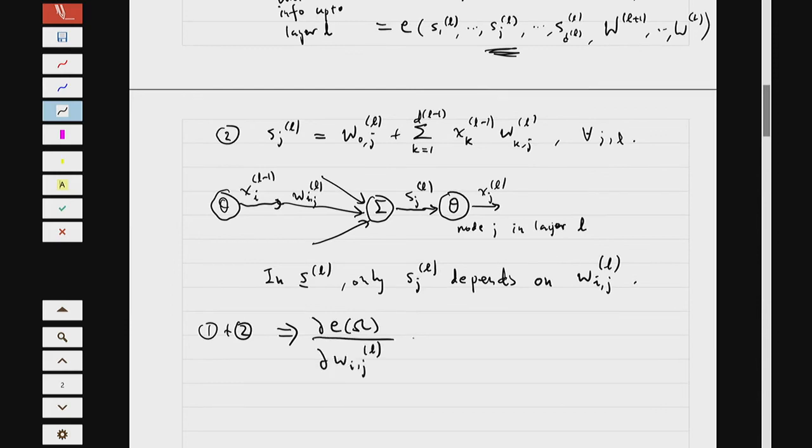with respect to Wij of L, again by the chain rule, as partial. So this is the easy one. Later, we're going to look at a more complicated one, okay? So let's make sure that we are all on the same page on this easy one, yeah? Partial E over partial Sj of L, and then partial Sj over partial Wij of L. I'm sorry, I messed up. This is partial Sj, of course.